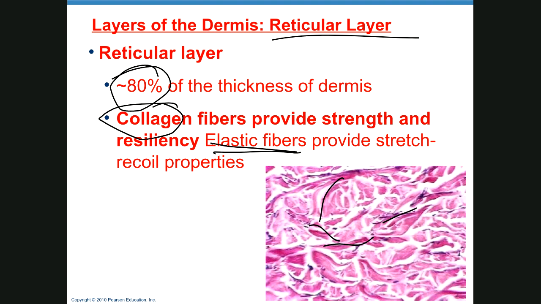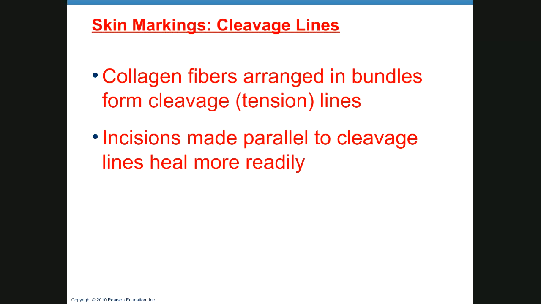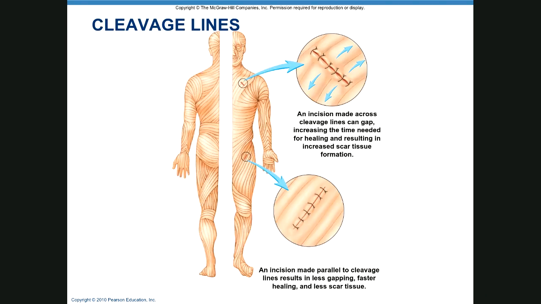Okay, so these thick layers of collagen fibers create bundles or arrangements that are found in different directions all over the body. This is what we call cleavage lines. So cleavage lines refer to these bundles of collagen fibers found in the dermis all over the body.